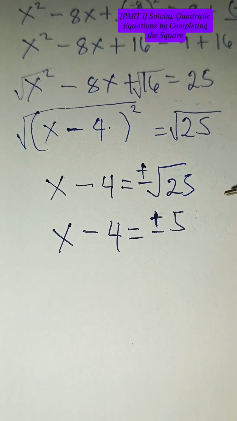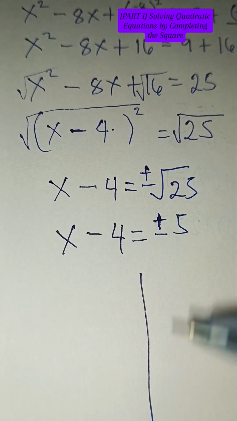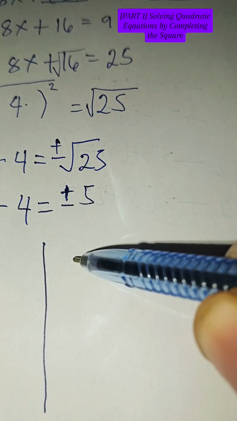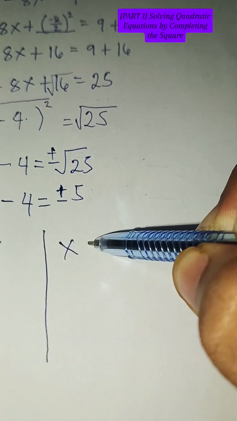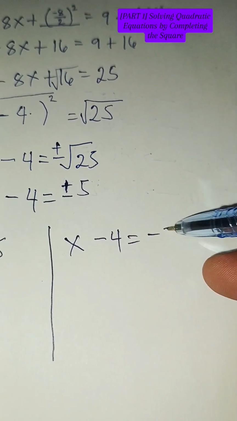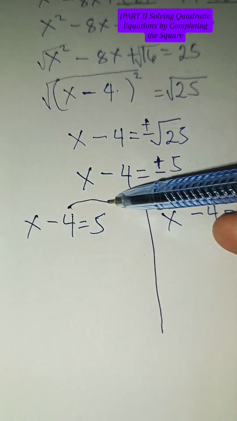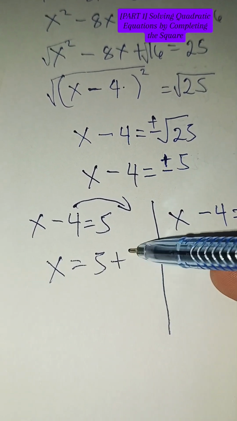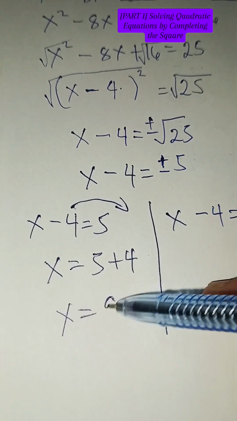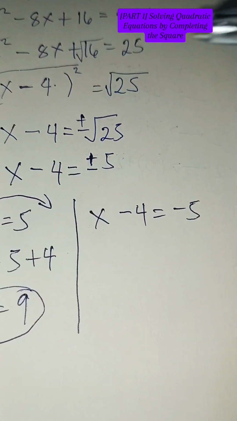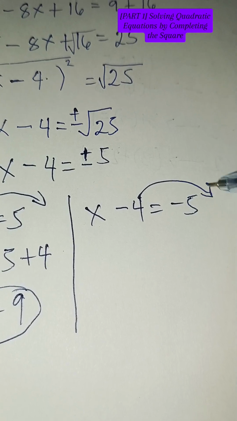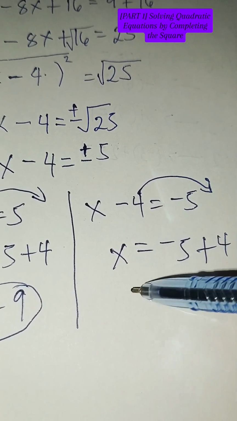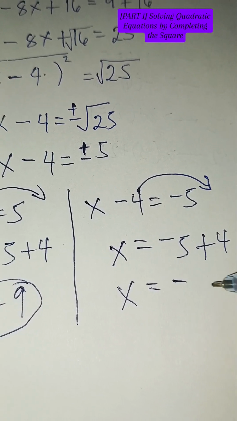We split this into 2: first, x minus 4 equals 5, and second, x minus 4 equals negative 5. Transposing in the first equation, x equals 5 plus 4, x equals 9. This is the first value of x. For the second value, transposing, x equals negative 5 plus 4, x equals negative 1.